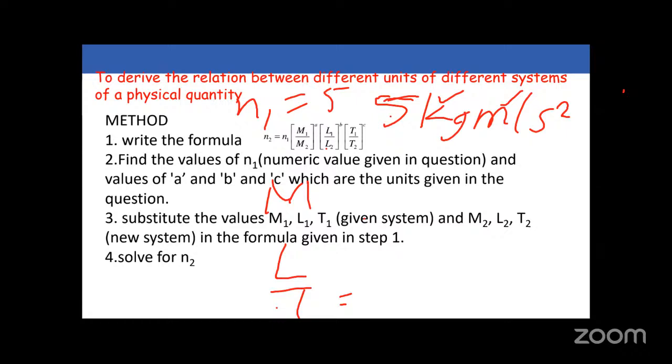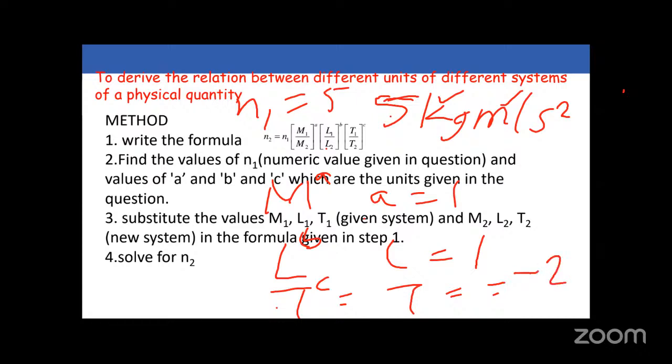Now, kg is raised to 1, which means that A will be equal to 1. L will be equal to 1. And then T will be equal to minus 2.